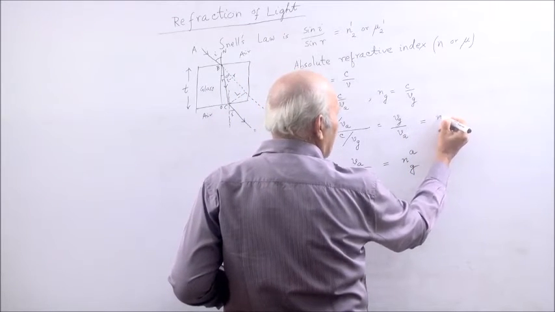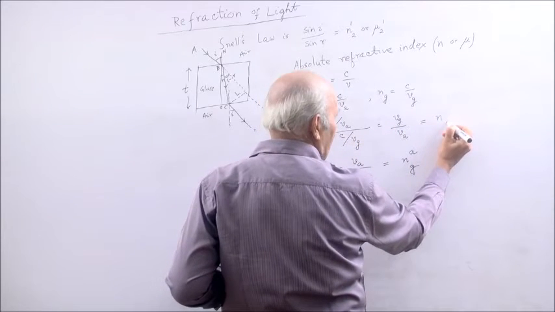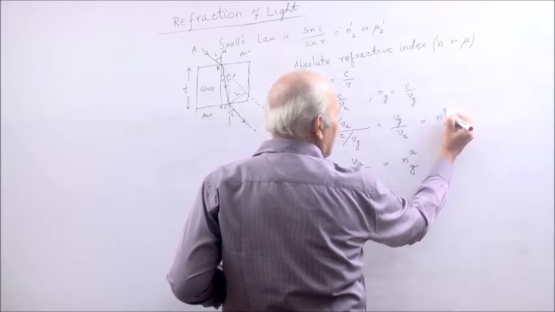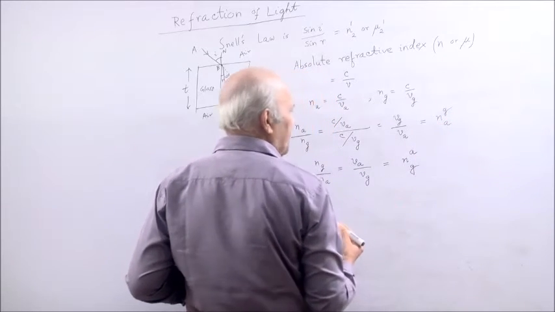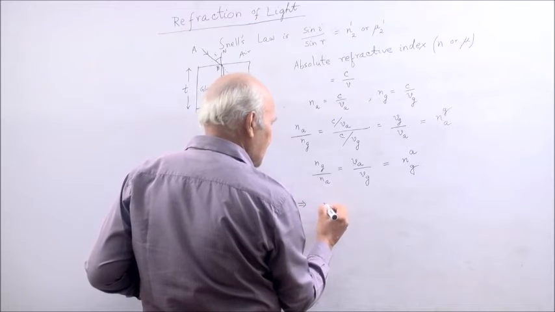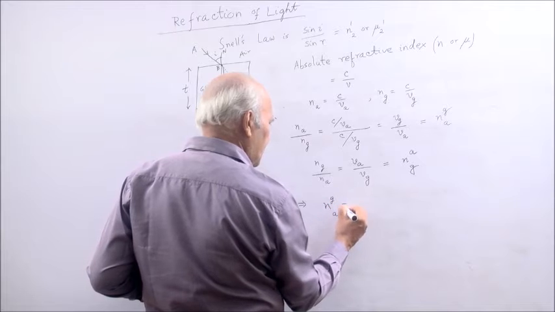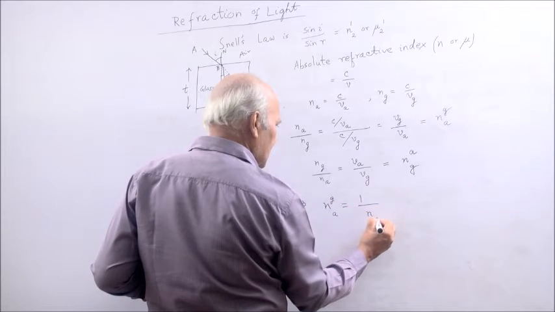It will be N, then final medium is air and initial medium is glass. So, you see that they are reciprocally related. So, Nag is equal to 1 by Nga.